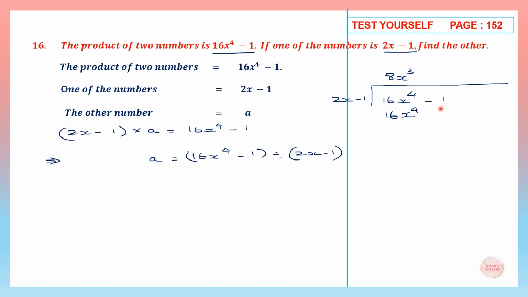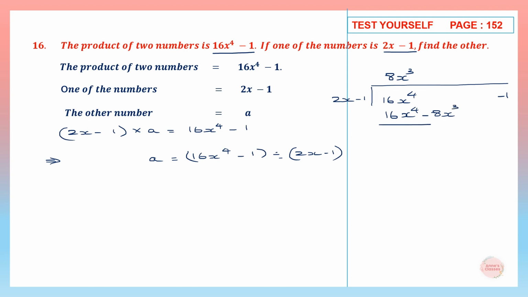But now there is no place here for x cube, so I'm going to move minus 1 right up to the end so that we can fill in the space with the other powers of x. So minus 1, I'm going to write it here. Continuing with the multiplication, 8x cube into minus 1 is minus 8x cube.